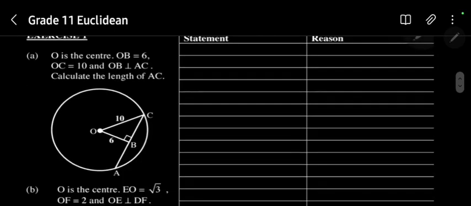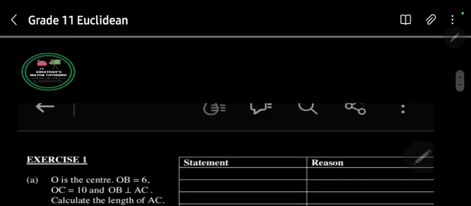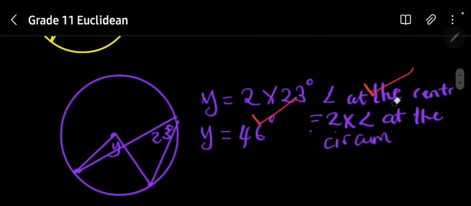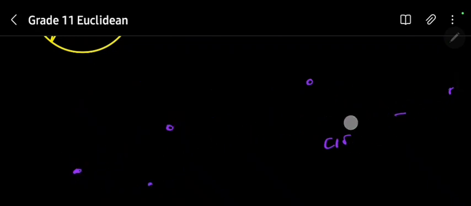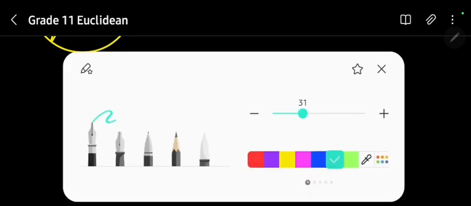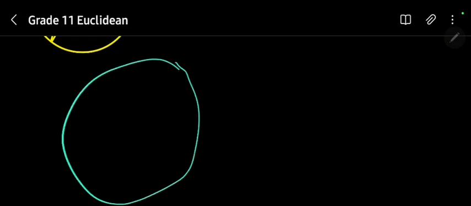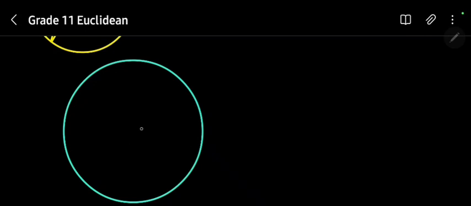Here is your work, guys. You need to complete this work, but let me just do the last one quickly. There we have our circle, then our center there. Then we have lines from the center to different points on the circumference, and they form an angle there.